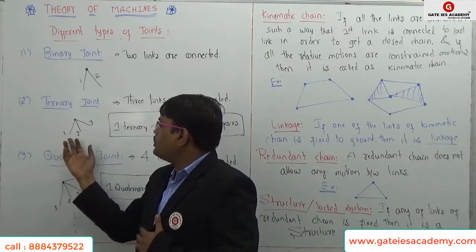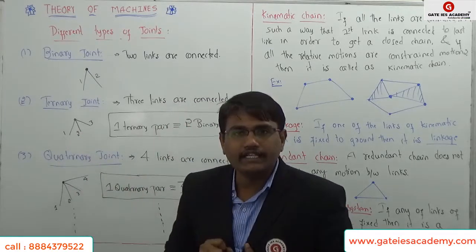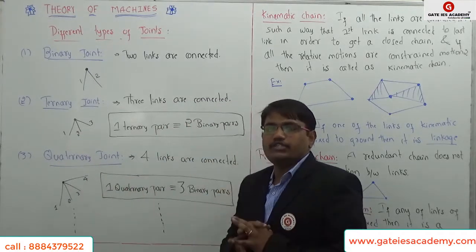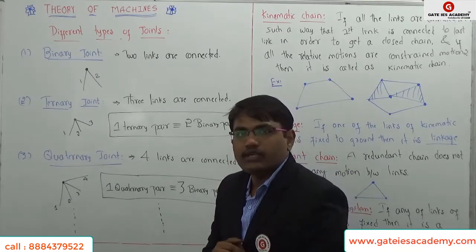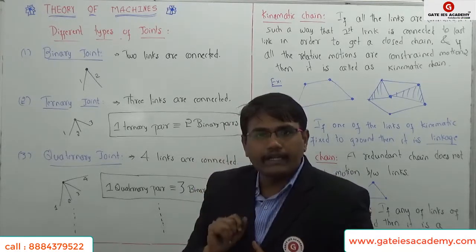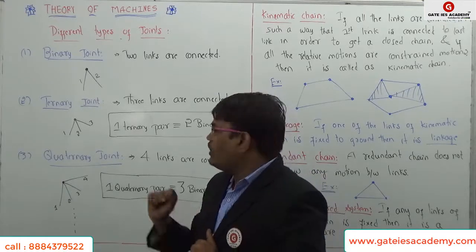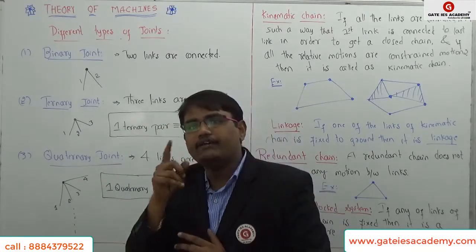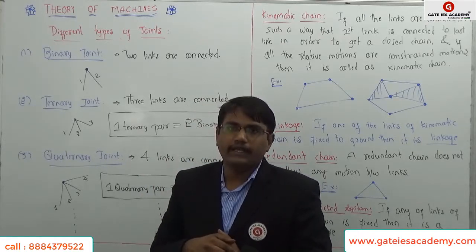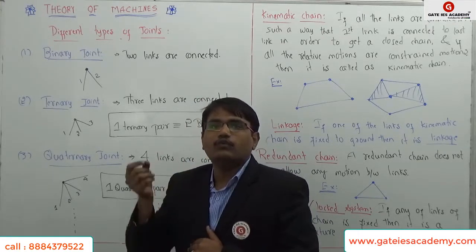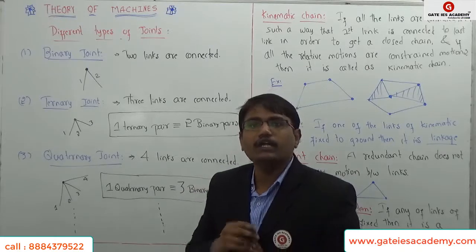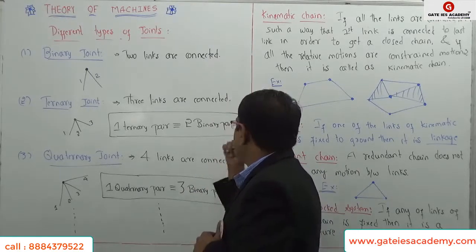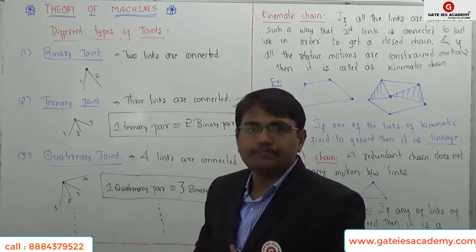For example, first link and second link, I will join first. One joint, right? Means one binary joint is there. Now a third link will come and connect to any of the links using one more joint. So there are only two binary joints, two binary pairs.